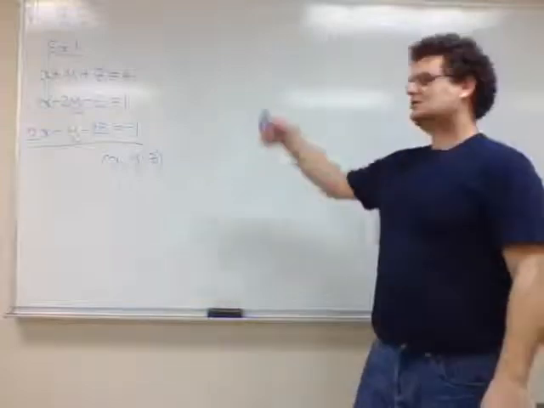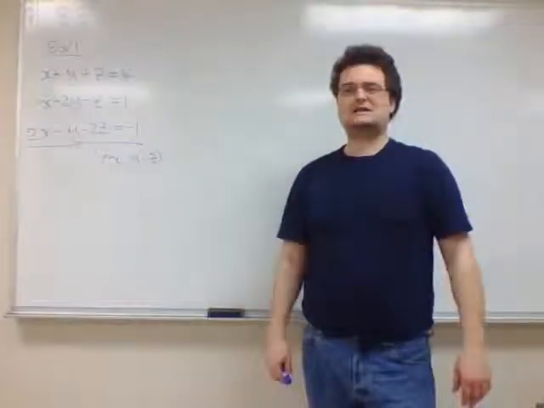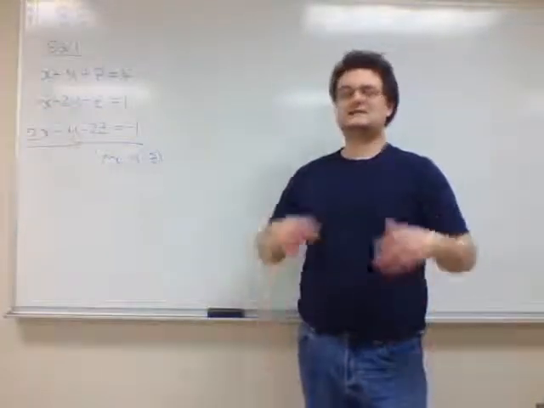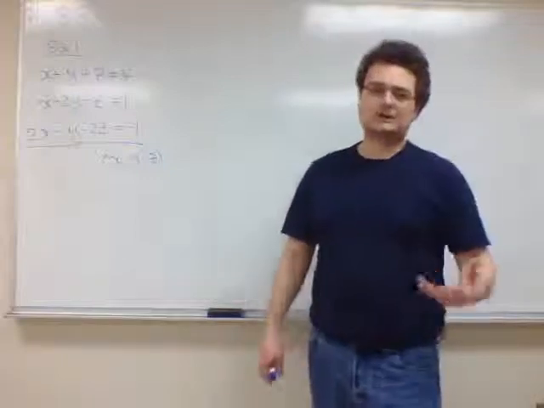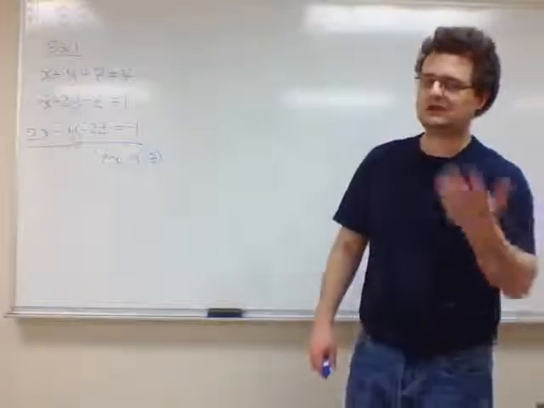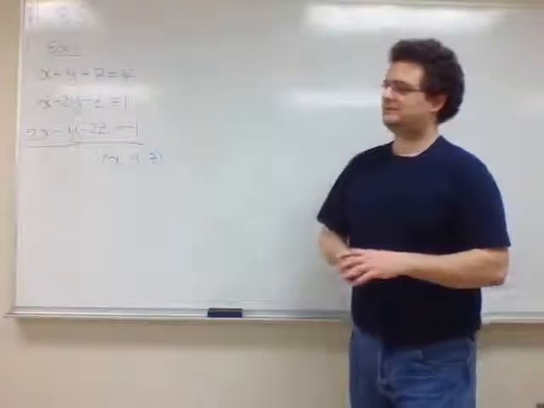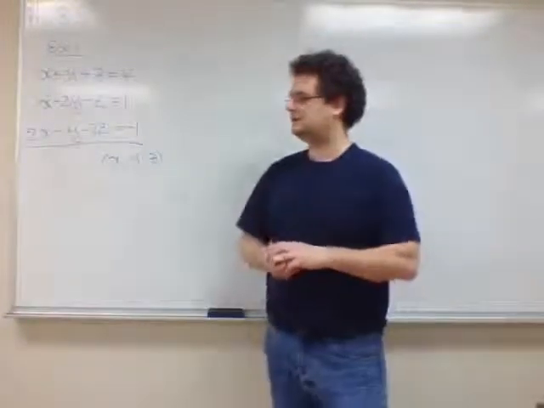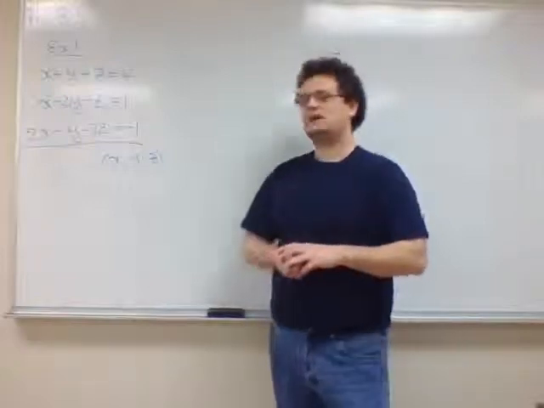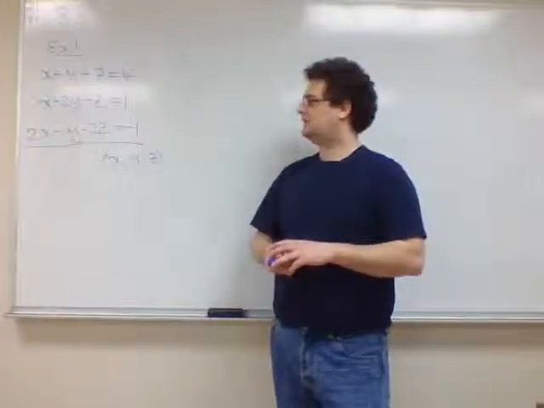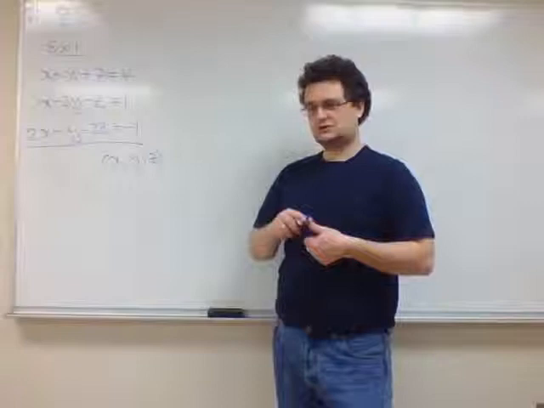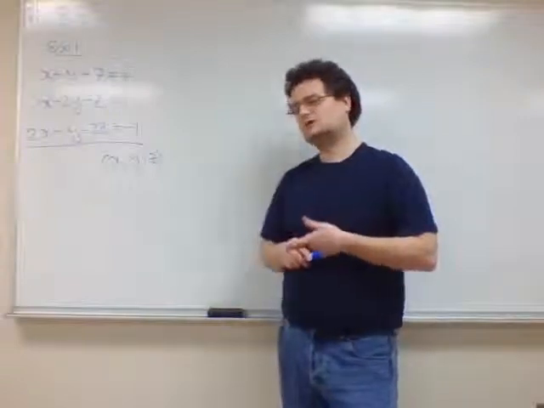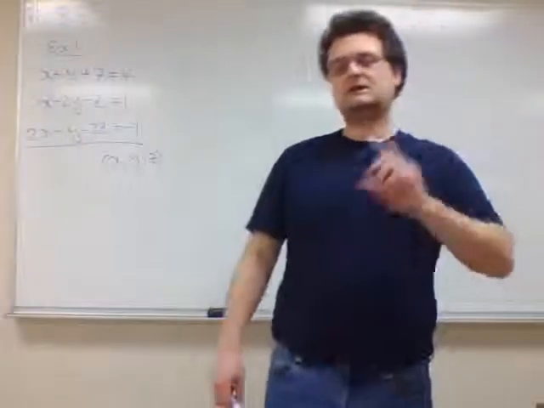Now, the situation in this case is similar but more complicated, and we're not going to discuss that. I just want to tell you that there are situations where you can have no solution, you can have exactly one solution, or infinitely many solutions.